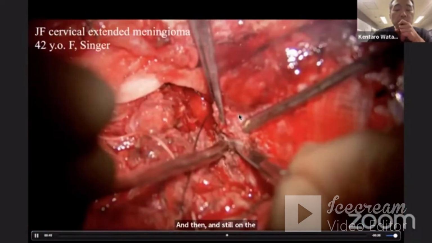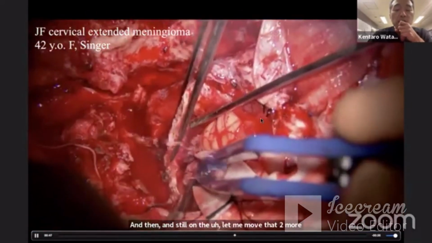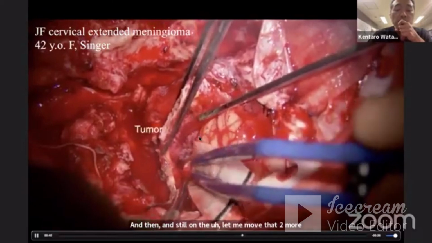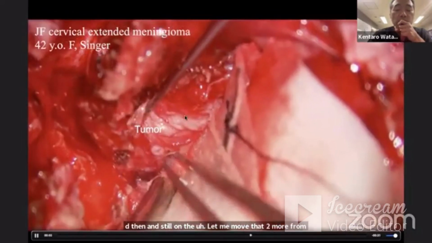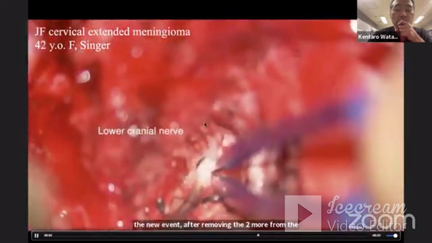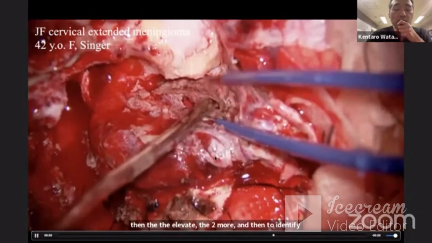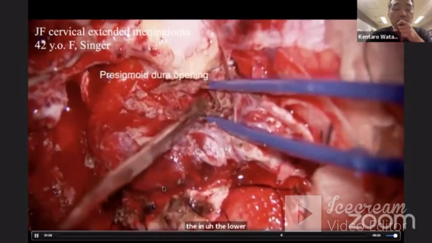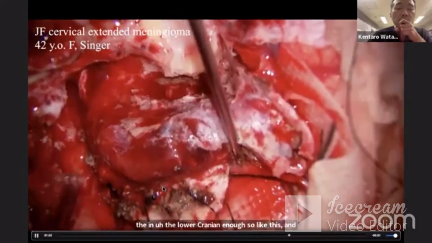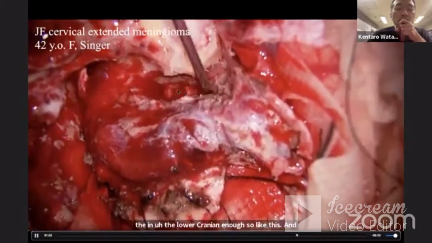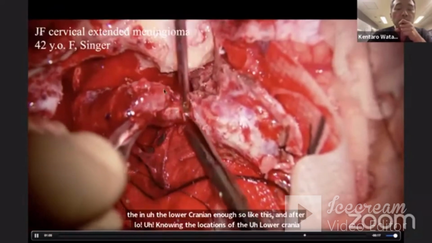And after removing the tumor from the jugular vein, I opened the retrosigmoid dura. Then elevate the tumor, and then identify the lower cranial nerves like this. And after knowing the location of the lower cranial nerves, again, we can incise the pre-sigmoid dura.